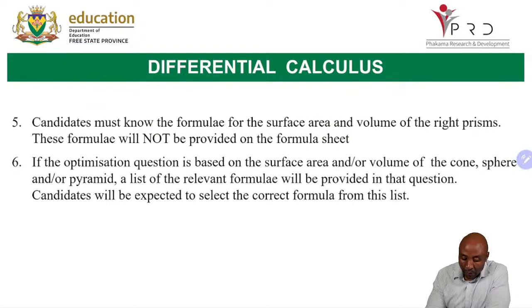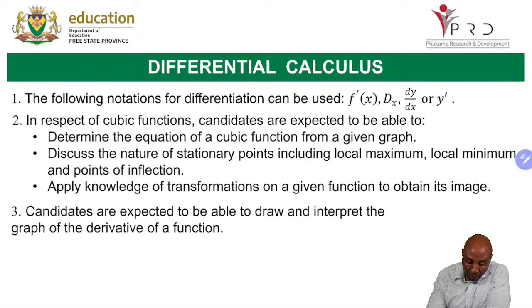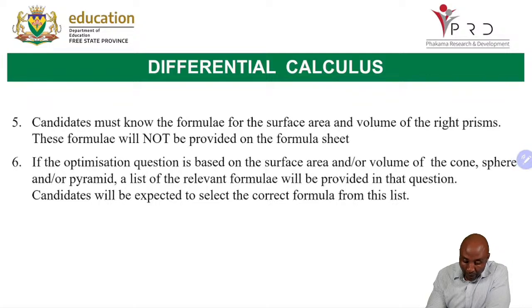Candidates must know the formula for the surface area and volume of right prisms. These formulae will not be provided in the formula sheet. If the optimization question is based on surface area and or volume of a cone, sphere, or pyramid, a list of relevant formulae will be provided in the question.